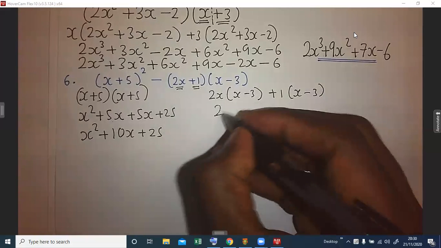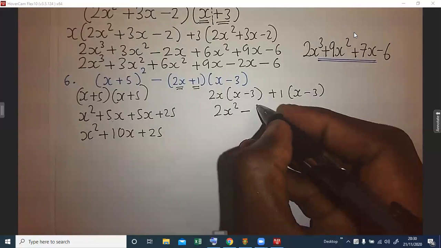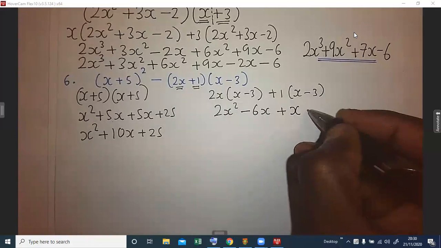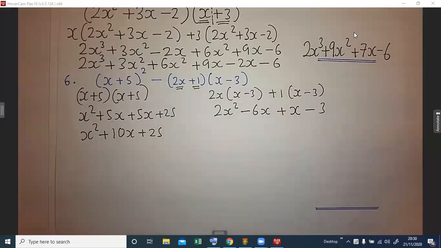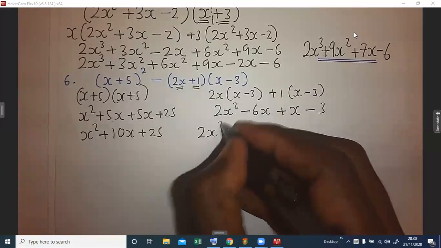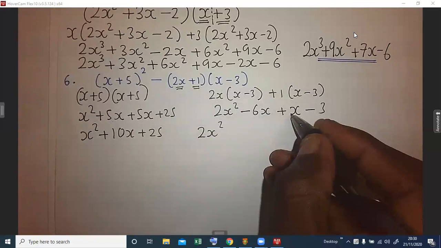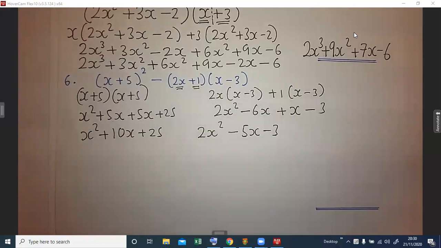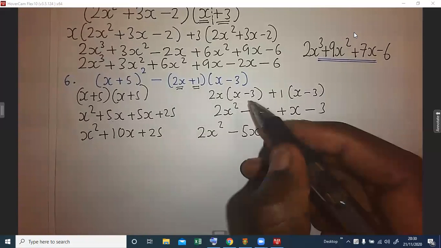So here I'll get 2x squared minus 6x plus 1x minus 3. So finally, I simplify and I get 2x squared minus 6 plus 1, I get minus 5x and minus 3. This is the simplification for this side.